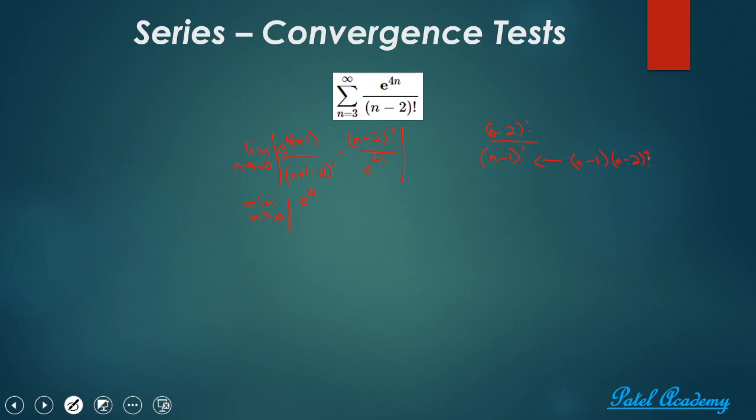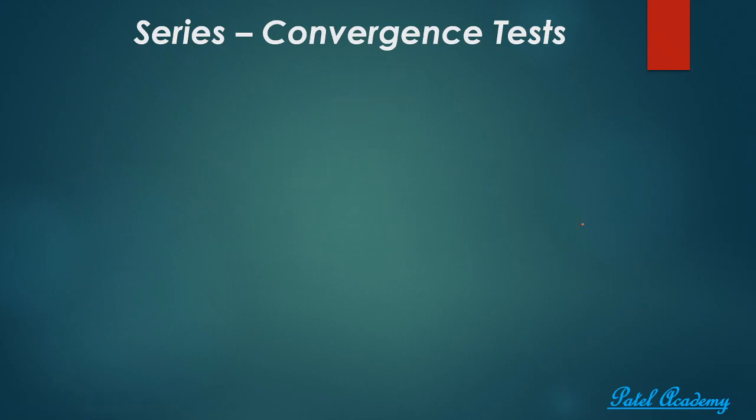And so I get over n minus 1. And so when we evaluate the limit as n approaches infinity, this is 0. And because 0 is less than 1, it's convergent. So that was an example of using the ratio test. Now the final one is the root test.